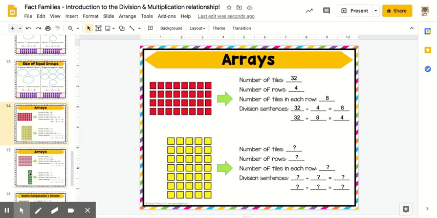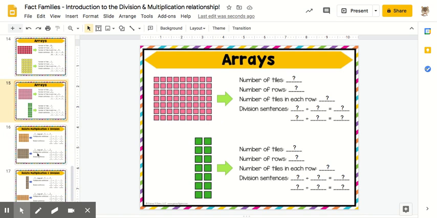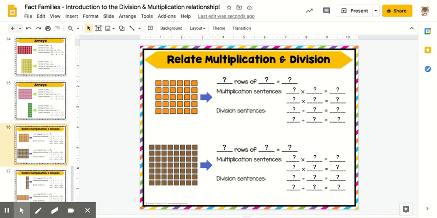So guess what? After you've practiced that on a couple of slides, you are going to be doing both. In this case, you're going to relate multiplication and division. These are our fact families again. And so you are going to find out your total number of tiles. And for the multiplication, you know that it's one side by the other side.